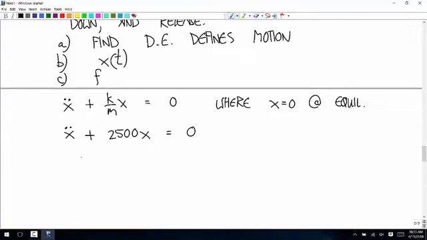And so the general solution is equal to a times the sine of the square root of 2500 times t plus phi.